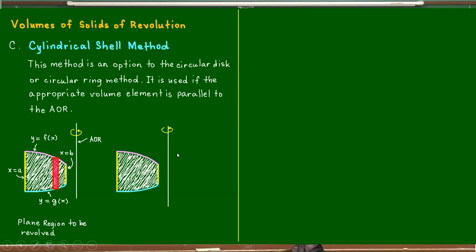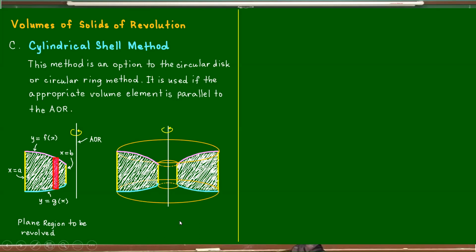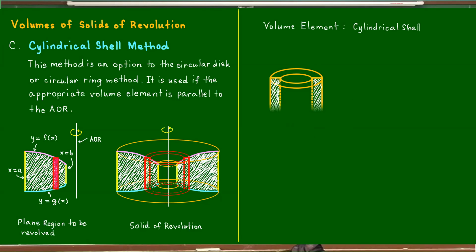When this region is revolved about this axis of revolution, this is the solid that is formed. Along with this solid generated, we also have the volume element generated, and that is the cylindrical shell. So let us find the volume of this cylindrical shell. This cylindrical shell has the following dimensions.